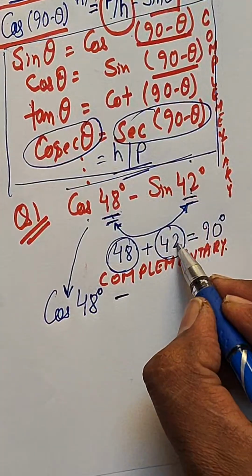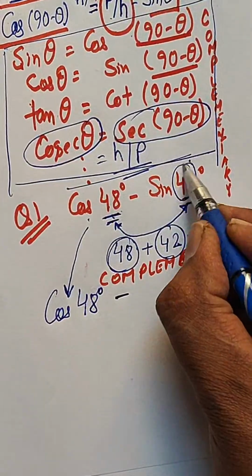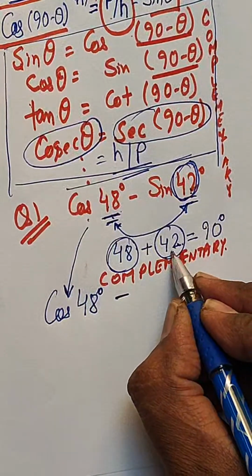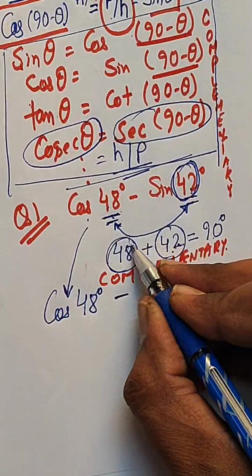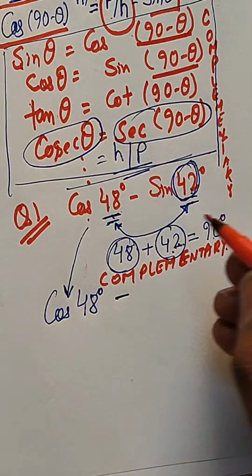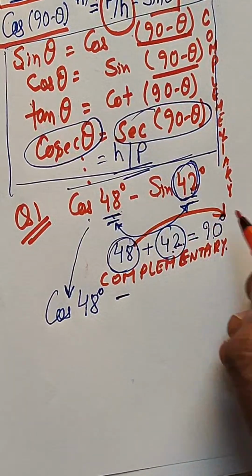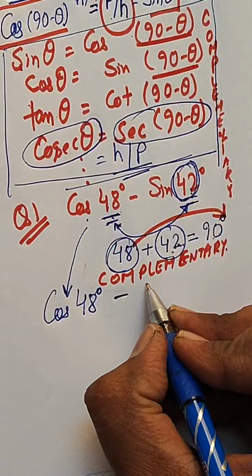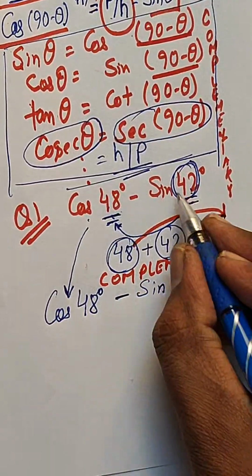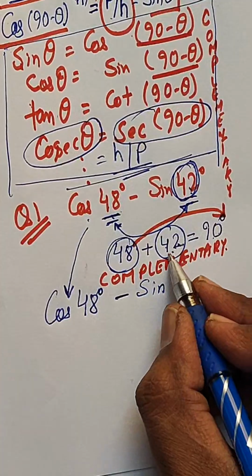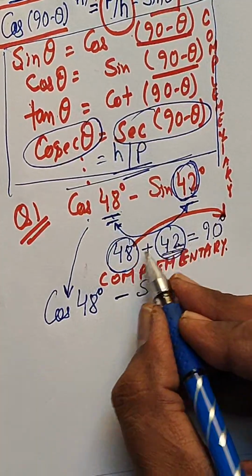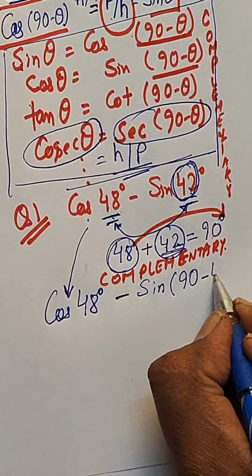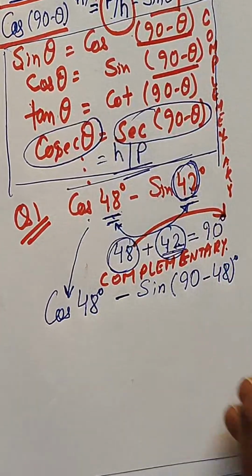Just convert this 42 into its complementary. 42 can be written as 90 minus 48. So write sine as it is, and in place of 42 write its complementary, that is 90 minus 48. You got it?